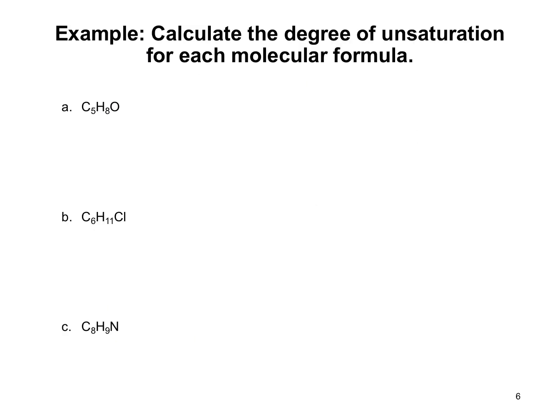So here's an example with oxygen. We've got C5H8, and this example says, calculate the degree of unsaturation for each molecular formula. So we know if we've got an oxygen, we need to ignore it. And so what does that mean, really? Well, this structure is equivalent to C5H8.